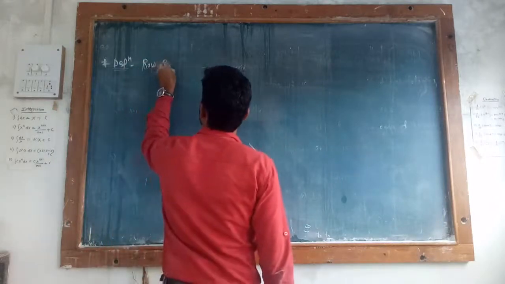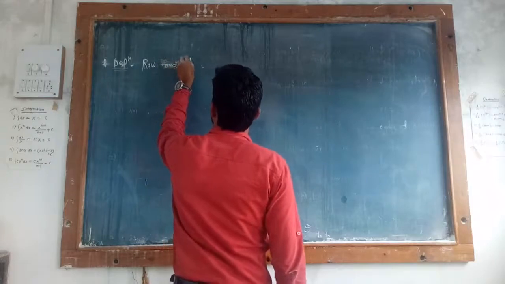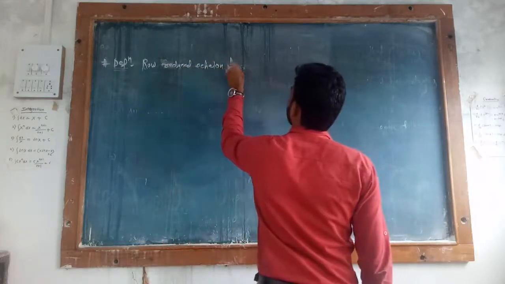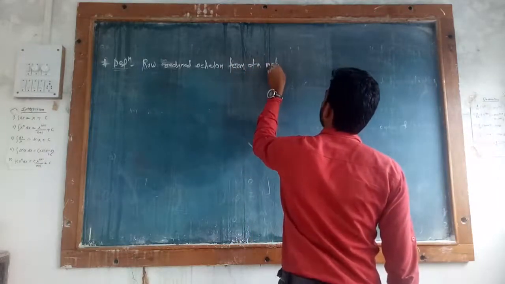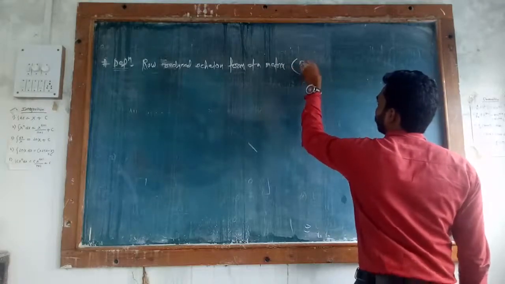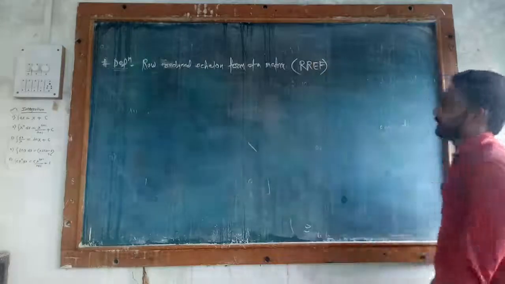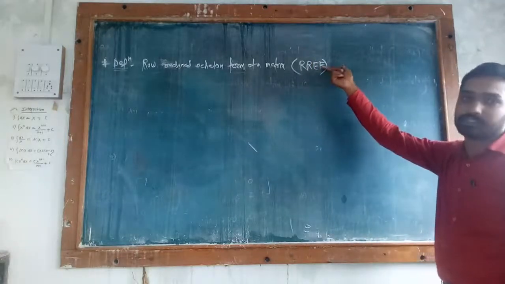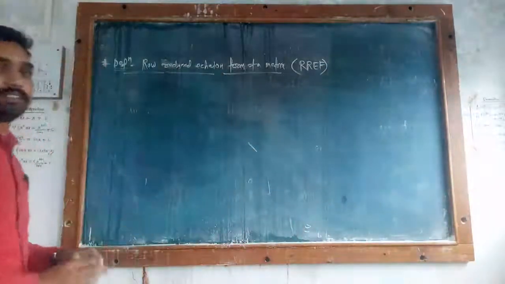In short, that is RREF. So what do you mean by the row reduced echelon form of a matrix?